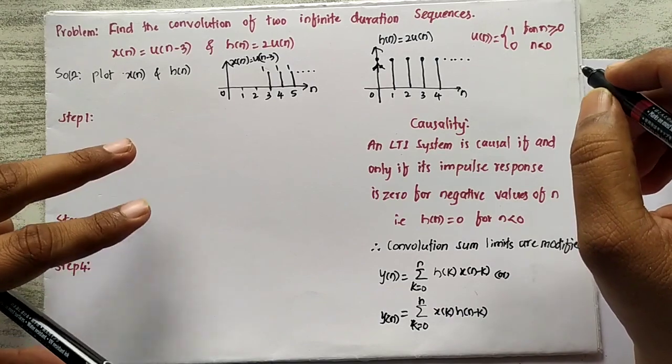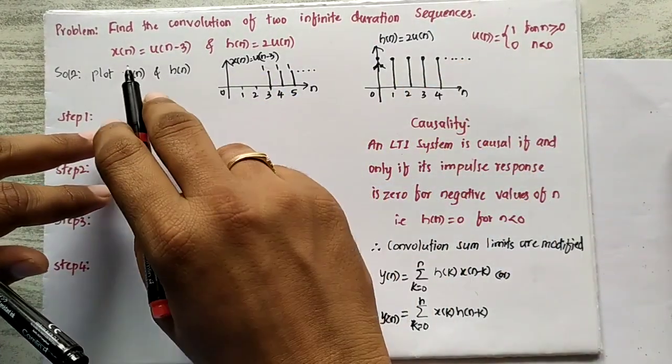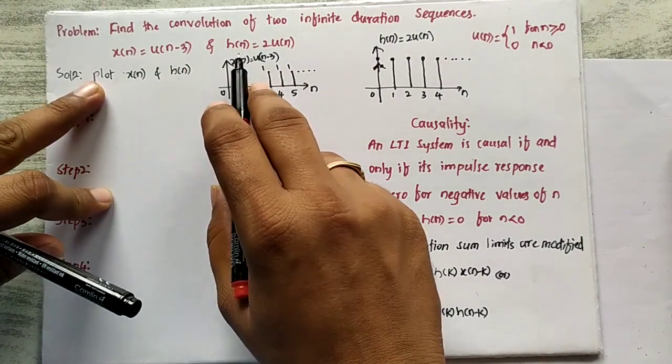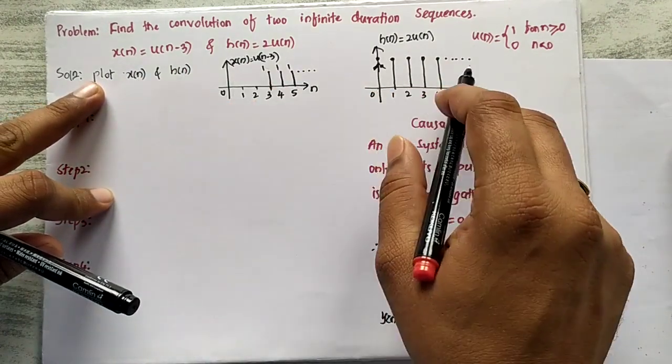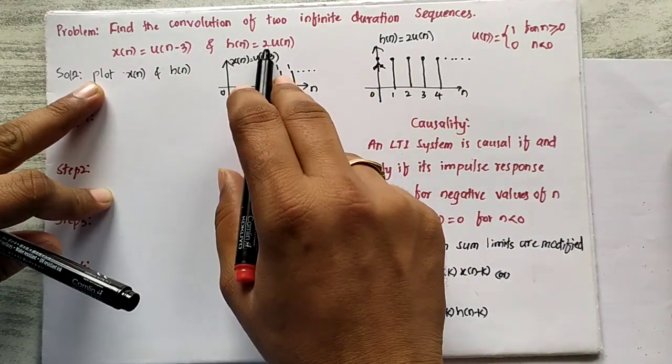Here, both x of n and h of n extend towards infinity, and both signals involve the unit step signal.